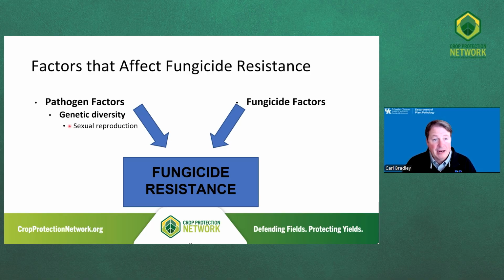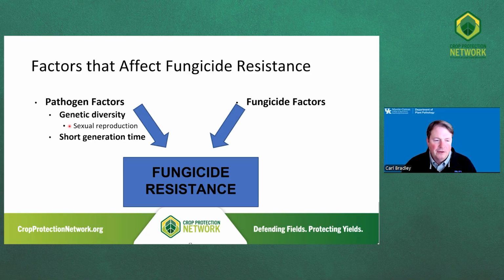Some fungal pathogens do not go through sexual reproduction, and some do. The ones that do, we tend to think of as being a little bit higher risk for fungicide resistance happening, because they're more likely to have more genetic diversity within that pathogen population.